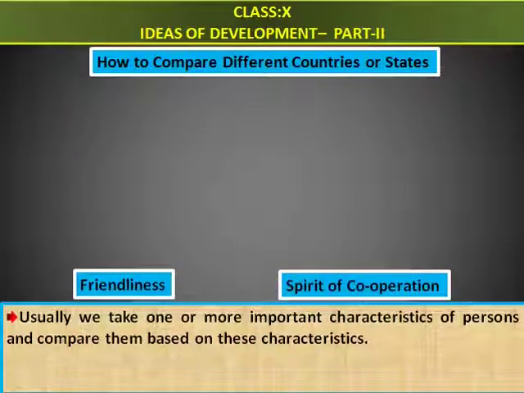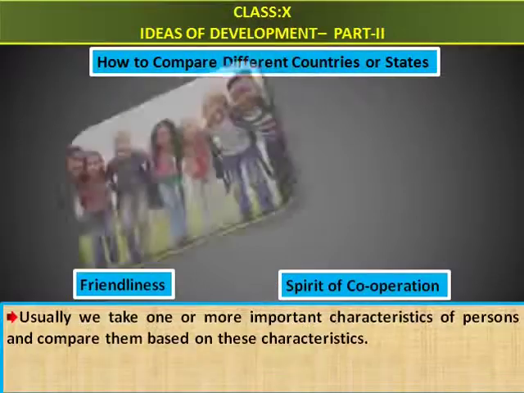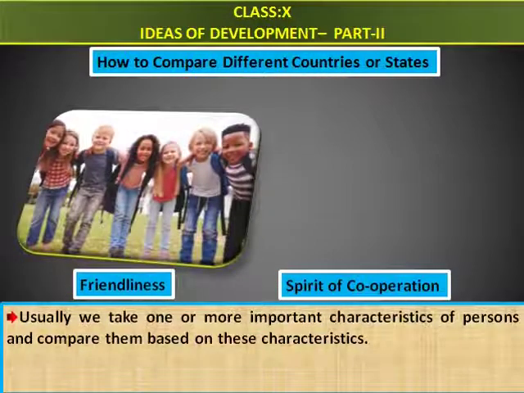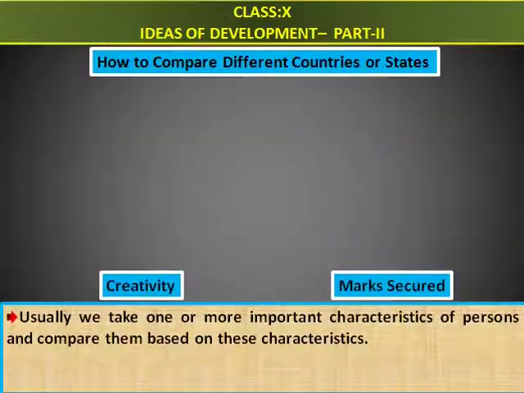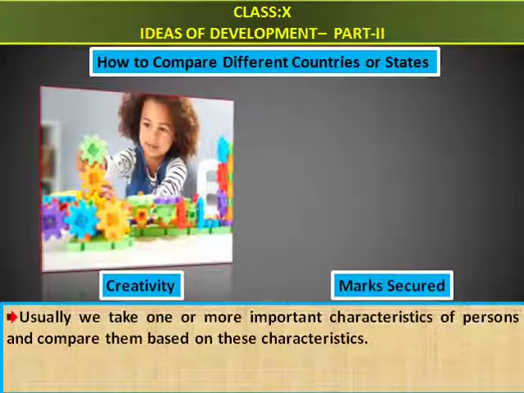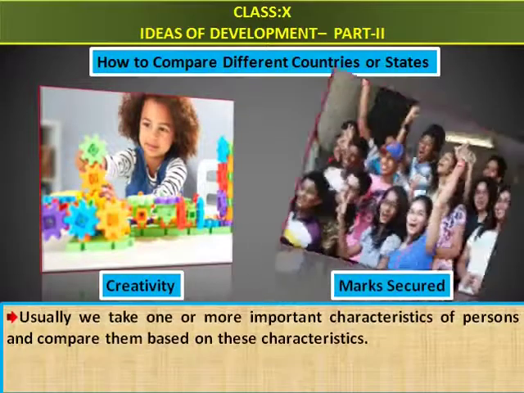Usually, we take one or more important characteristics of persons and compare them based on these characteristics. Of course, there can be differences about what are important characteristics that should form the base of comparison: friendliness, spirit of cooperation, creativity, or marks secured.